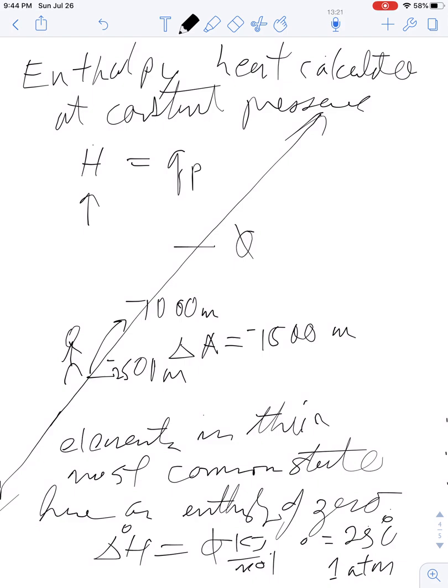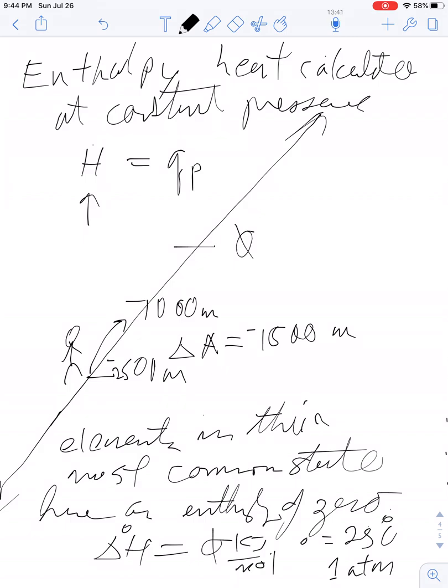So you might be saying, well, how can they just arbitrarily pick a point? Well, we do that with mountains as well. We arbitrarily picked sea level as the 0 point. If you pick sea level as the 0 point, the tallest mountain in the world is Everest at like 25,000 feet.